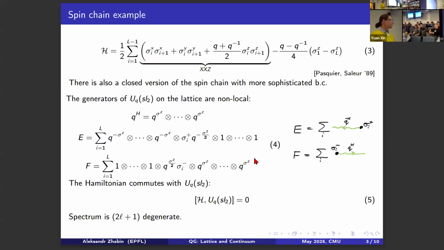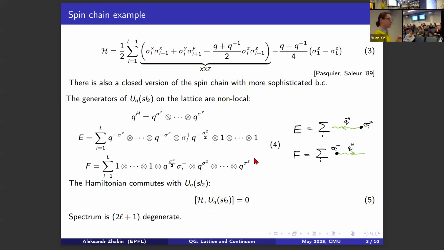So we have a very particular example where the symmetry is realized. This example is a spin chain with a Hamiltonian given here. As you can see, this is an open spin chain Hamiltonian because the sum goes from 1 to L minus 1.